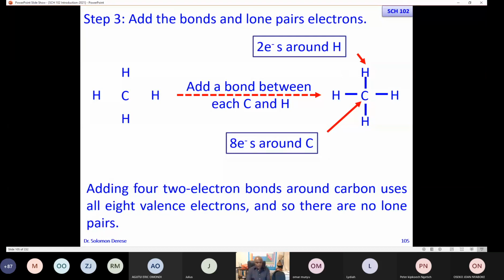So first, we use the electrons which we determined in step 2 to form a bond. And then if you have any balance left, it is only then that you put the balance electrons as lone pairs of electrons. Okay.